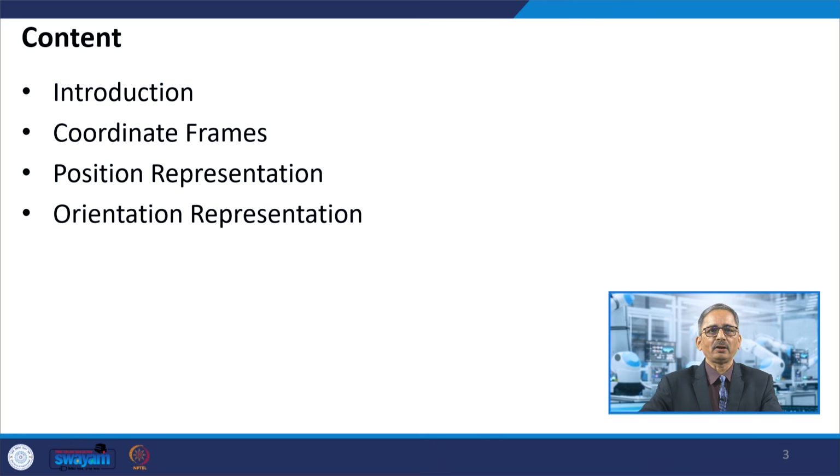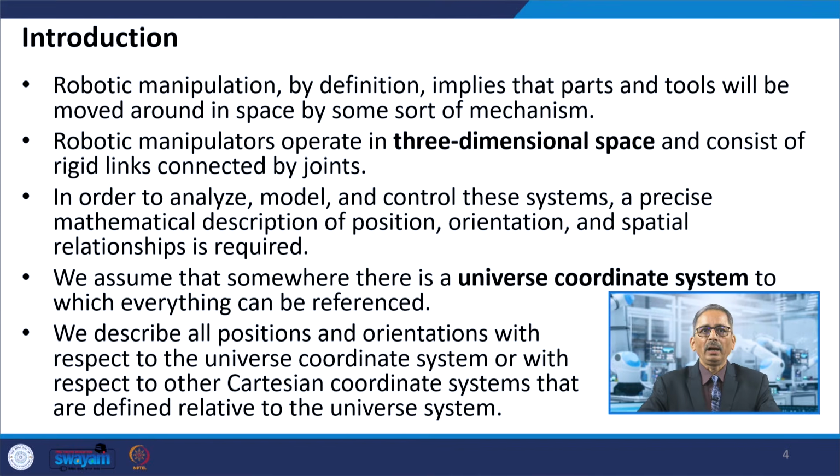I will introduce the topic, then we are going to discuss the coordinate frames, and then how we mathematically represent the position and how we mathematically represent the orientation. So, you see, robotic manipulators, as in the image we have in our mind, need to handle tools or parts or objects which are there in their workspace or their reach. That motion is done with the help of some sort of mechanism.